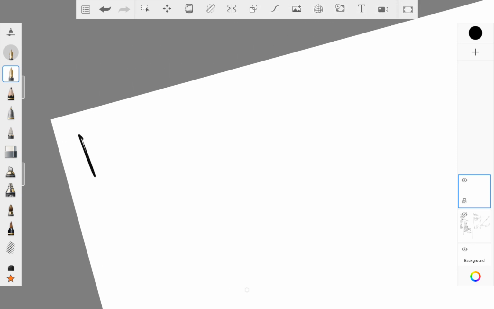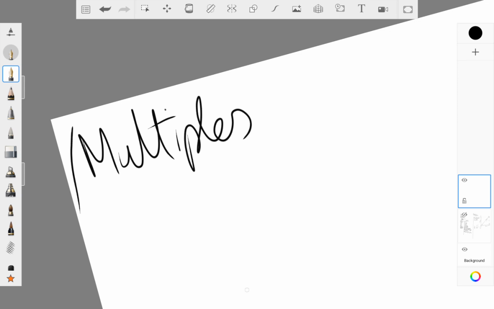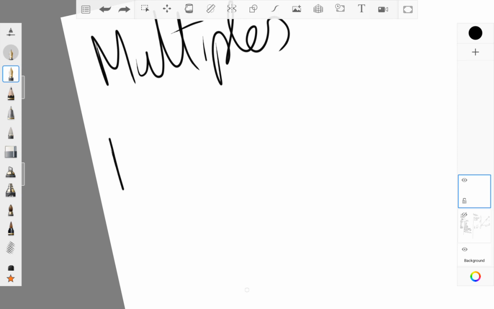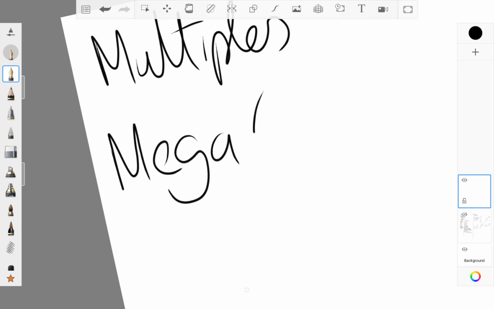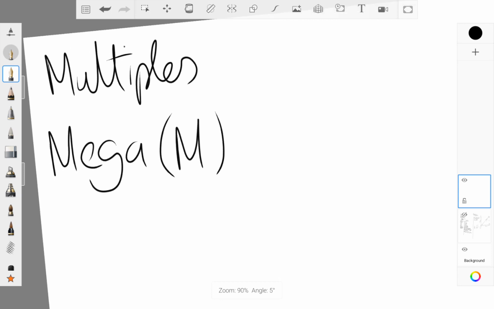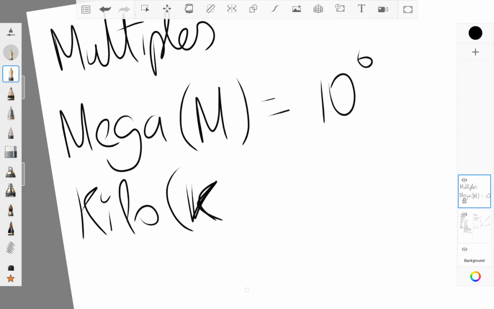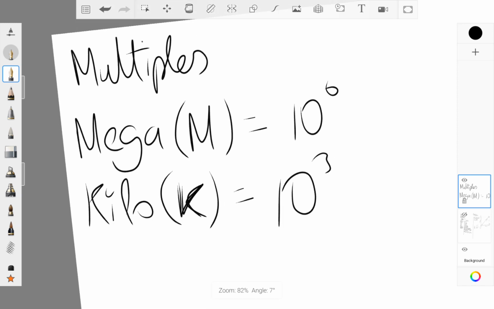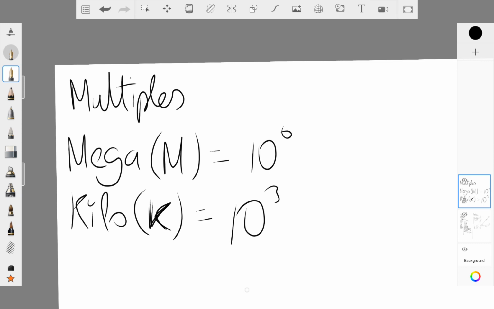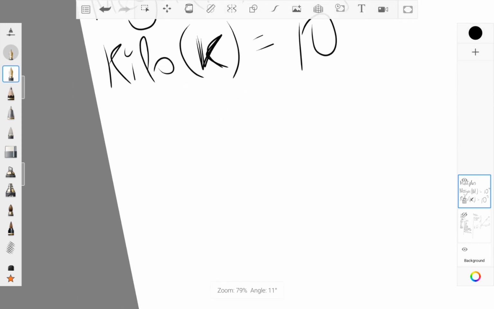The multiples that you should know are: mega, which is a capital M, and this is 10 to the power 6. You have kilos, so kilometers, kilograms, represented with a capital K. It's 10 to the power 3. Those are the ones that come up in questions the most.